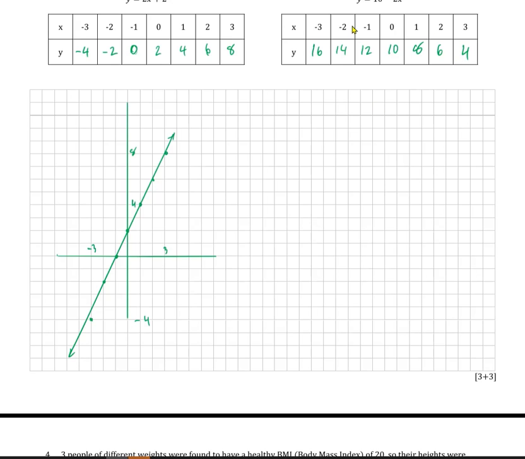Now I've got my usual 3 to 3, but however I've got a value which is positive 16, so that means I'm going to need a fair bit of height. Okay, so just doing some preventative measures here.